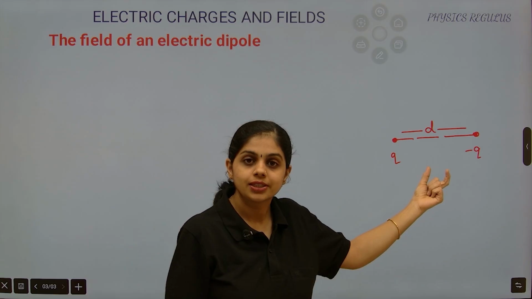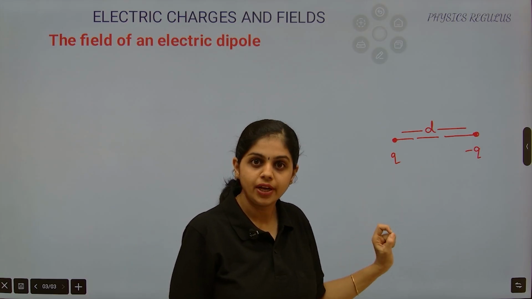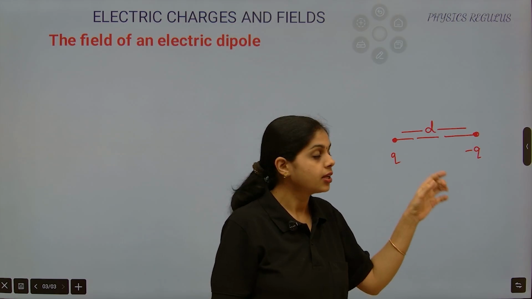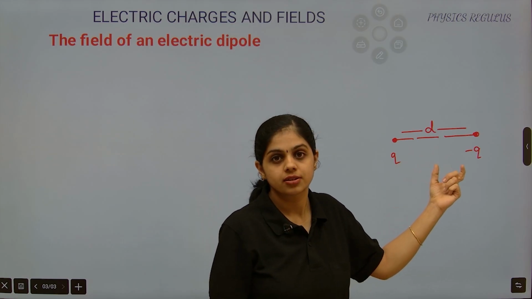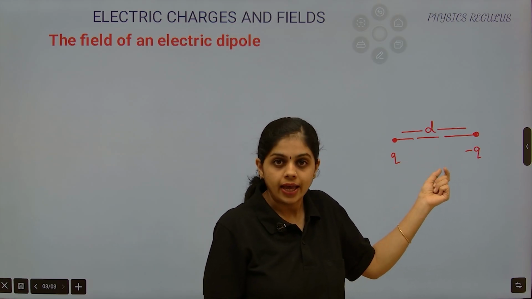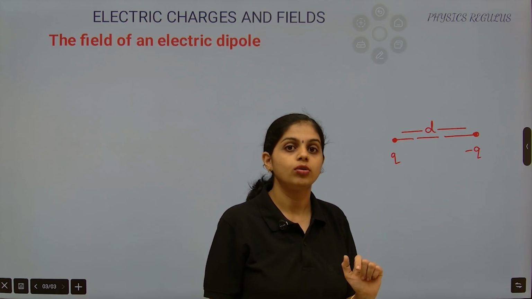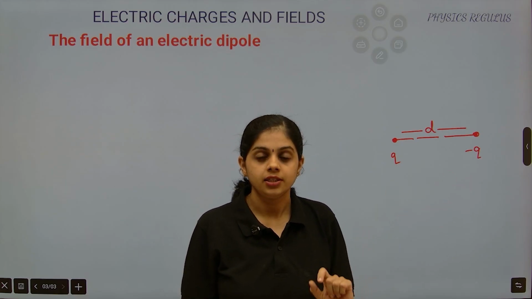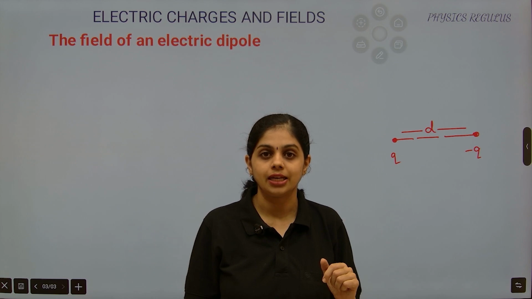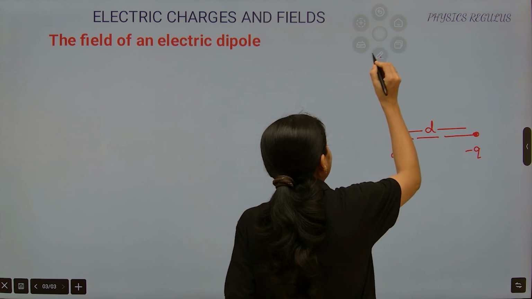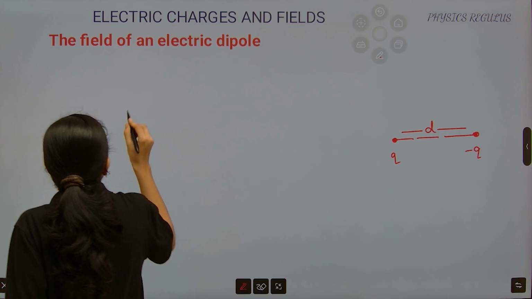The strength of the dipole depends on the magnitude of the charge and the separation between the two charges. As the distance between the two charges varies, the strength of the dipole will vary. Hence, to describe the strength of the dipole, we introduce a separate physical quantity called electric dipole moment.